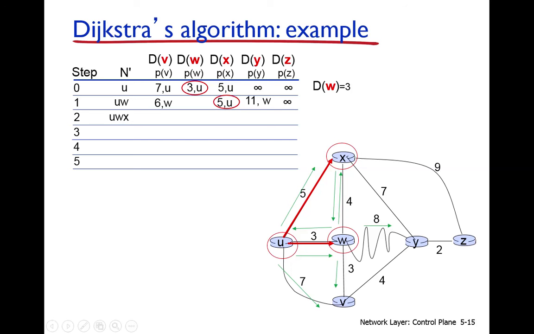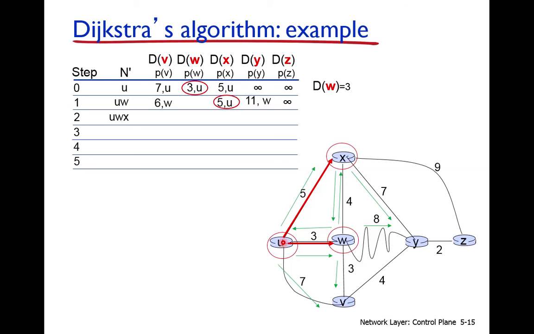Now we are going to explore the next neighbor of X. The next neighbor of X is Y. So this link is explored and we would like to check it. The shortest distance from U to X is 5, and from X to Y it is 7.